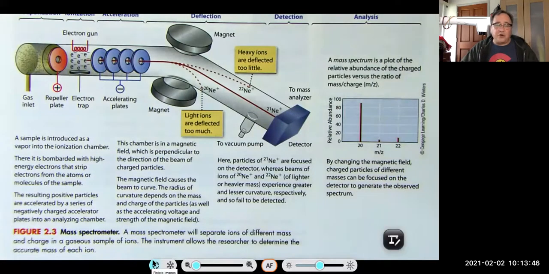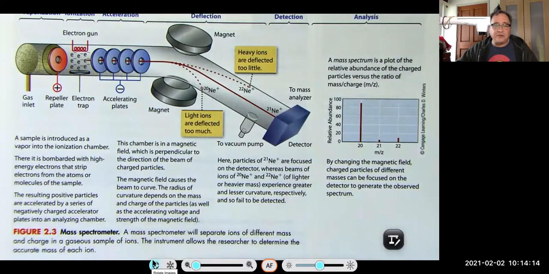Turn your magnet so only the 22s come through for 10 seconds and count them. Turn the magnet on so only the 21s come through for 10 seconds and count them. Turn on the magnet so only the 20s get through to the detector for 10 seconds and count them. So the idea is there, we turn on the detector for each different isotope for the same amount of time, and you count how many isotopes hit.